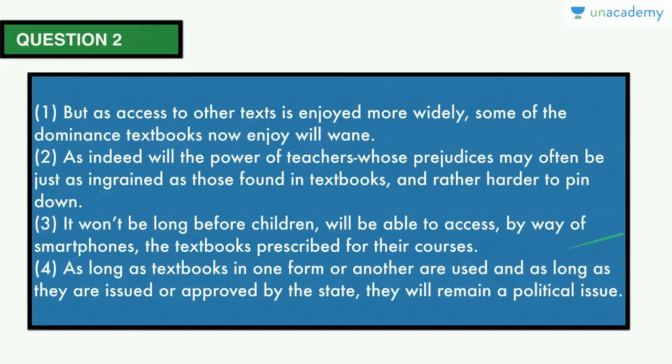This is the only sentence that doesn't talk about the prejudice or the manipulation or the dominance of textbook. It is only talking about how textbooks will become obsolete. Initially, I thought that sentence 1 was also talking about that same thing, but no, it is talking about another kind of dominance waning off. So that is not it.